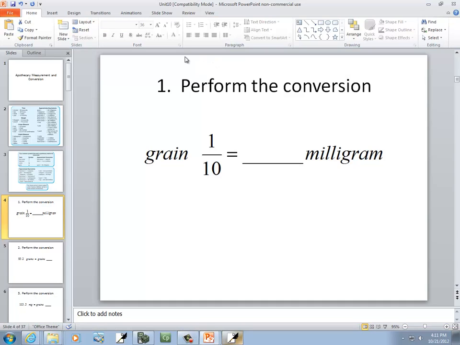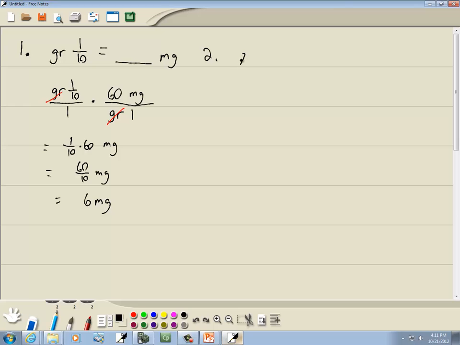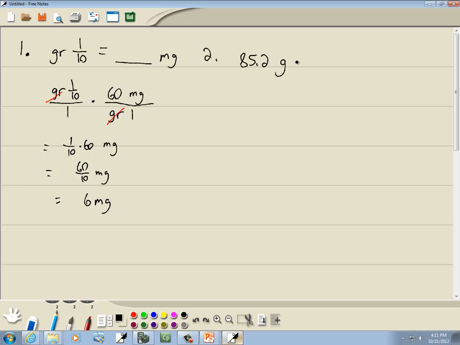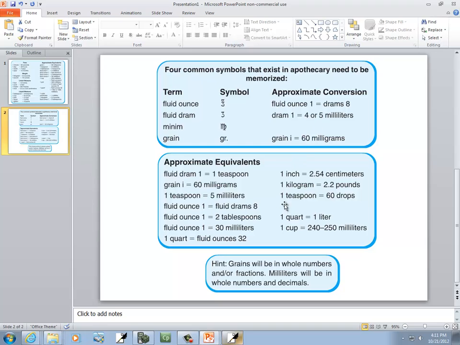Let's look at our second problem. Got 85.2 grams equals however many grains.